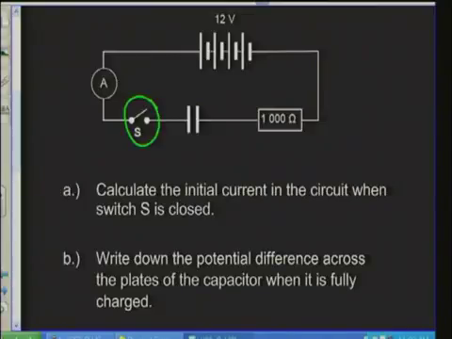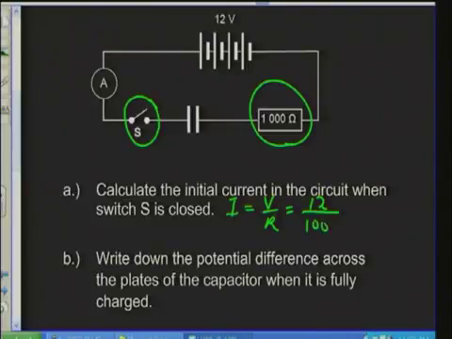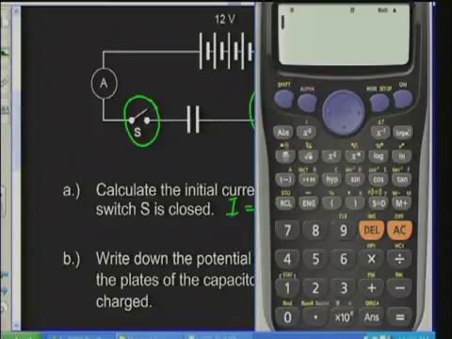Now look, this is direct from Ohm's law. You've got current I equals V over R. What will that be? Your V is 12 and your R, the total resistance in that circuit, is 1000. So you work it out with your calculator: 12 divided by 1000.